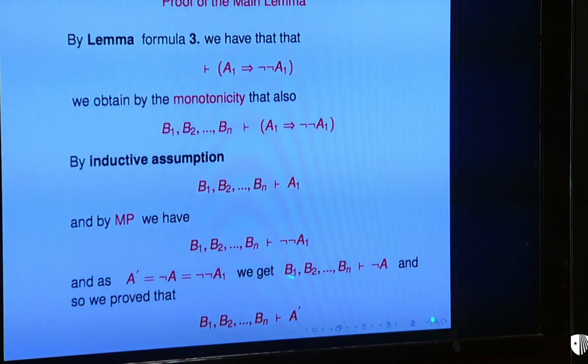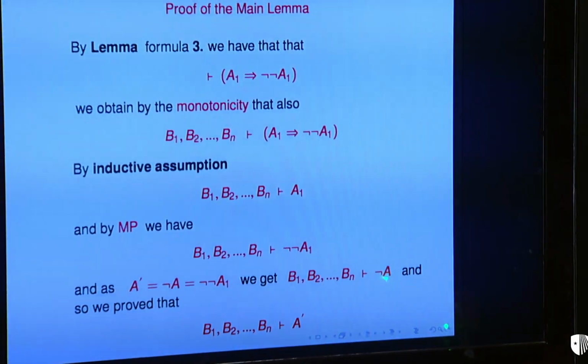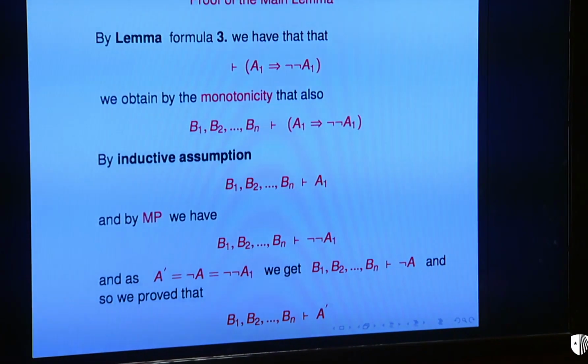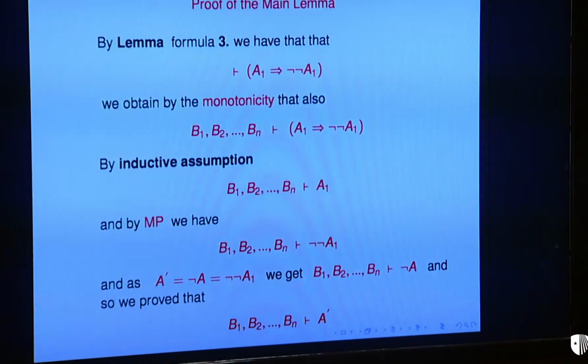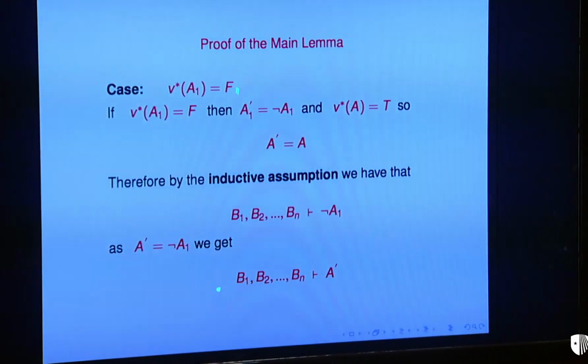So we get that B1, ..., Bn prove negation of A, which is A prime. End of the proof in this case.